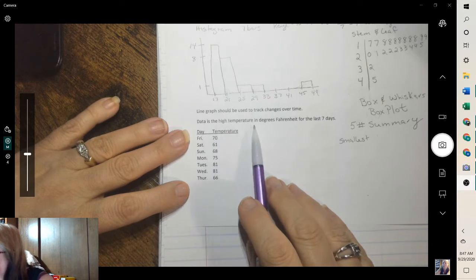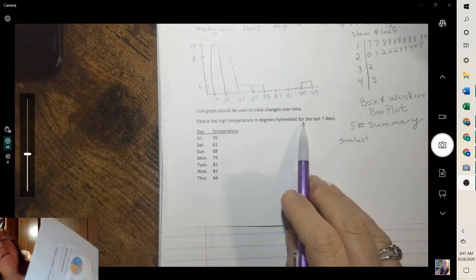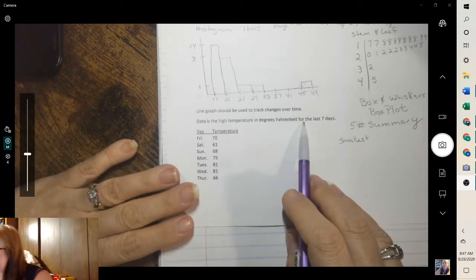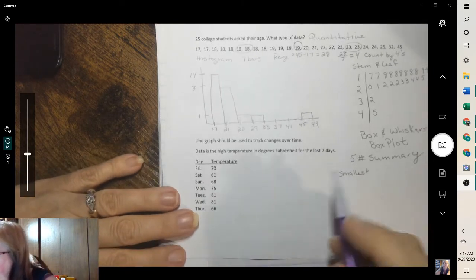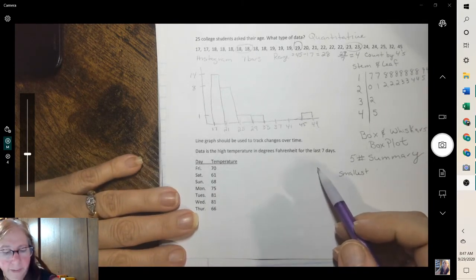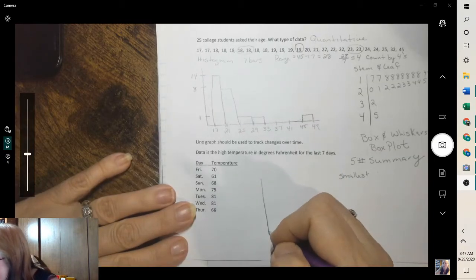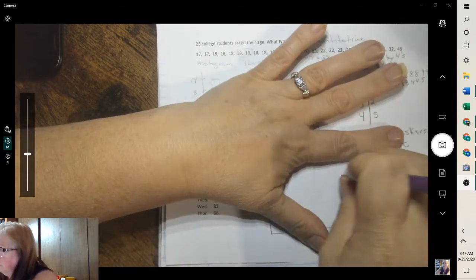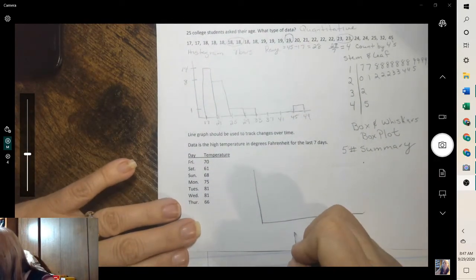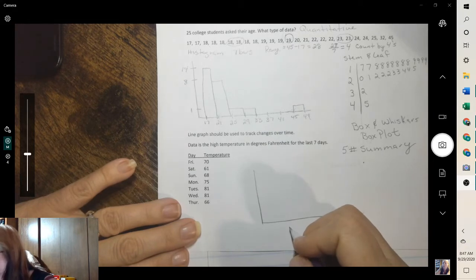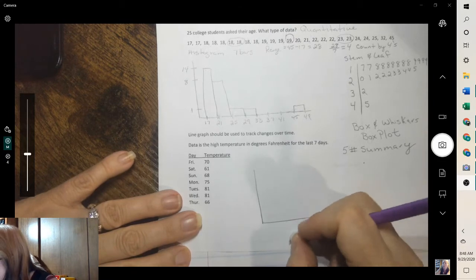The data is the high temperature in degrees Fahrenheit for the last 7 days. And we want to graph a line graph. When you're doing a line graph, you usually use it for time. And in this case, it would be days.